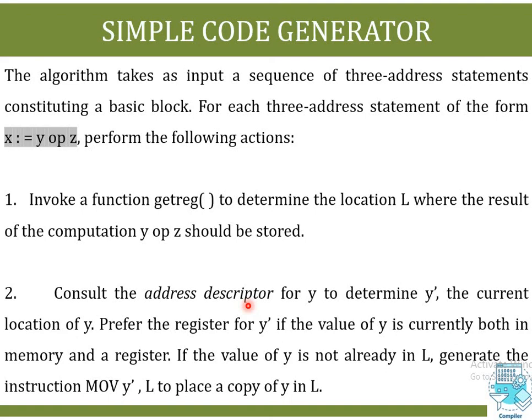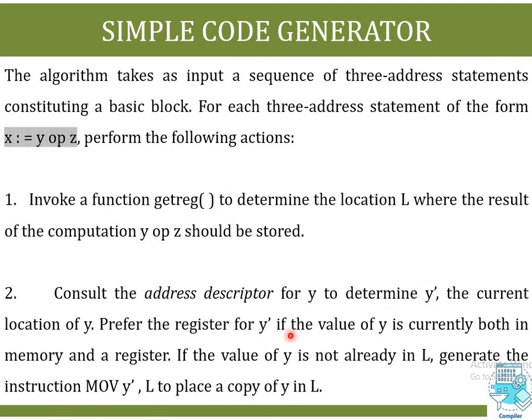Sometimes the variable value may be stored in main memory, sometimes in a register, or it may be stored in some other location. Wherever it is stored, that address will be tracked by the address descriptor. When you request the address descriptor for y, it will tell where the current value of y is. So we consult the address descriptor for y to determine y dash, the current location of y.